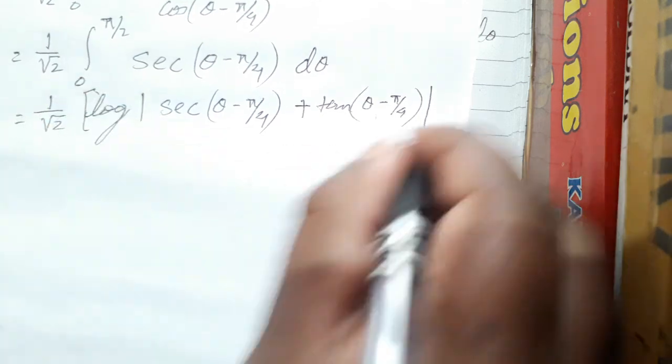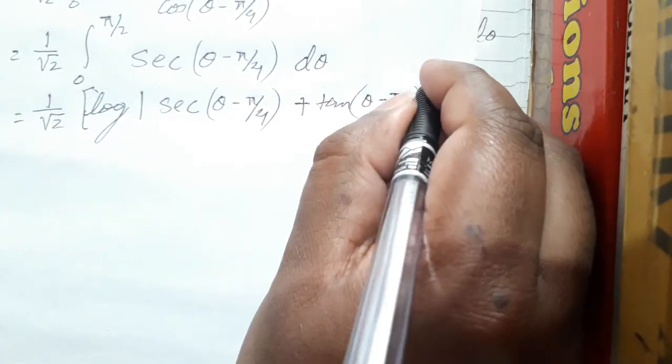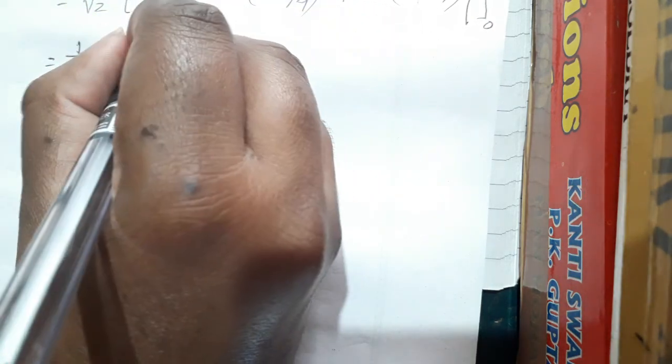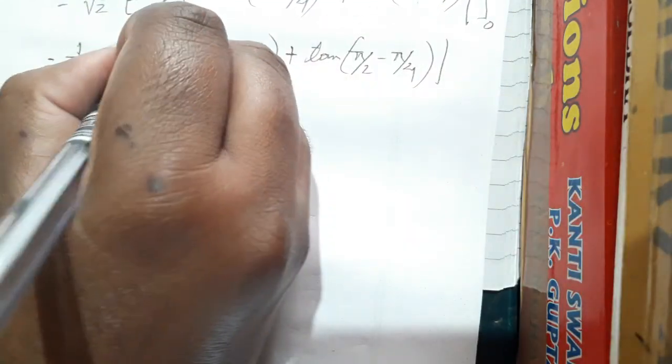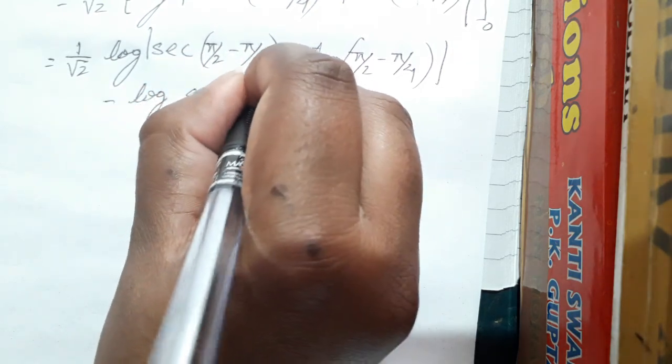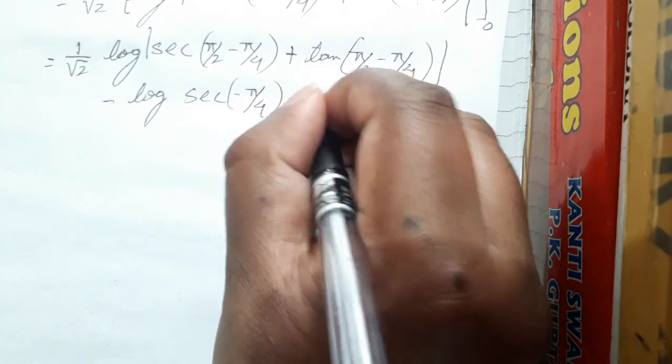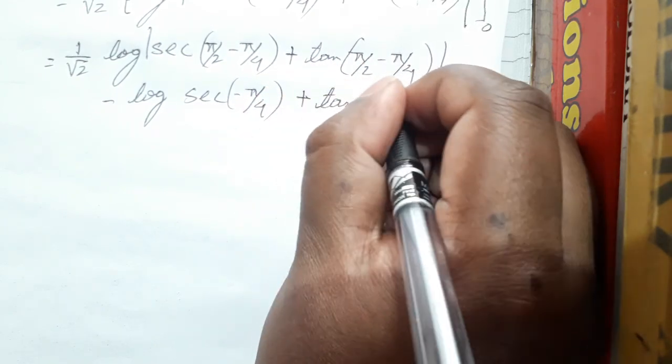Then we'll apply the limit from 0 to pi by 2. So this is equal to 1 by root 2 log, you put the value pi by 2: sec pi by 2 minus pi by 4 plus tan pi by 2 minus pi by 4, minus log of, you put 0, so you get sec minus pi by 4 plus tan minus pi by 4.